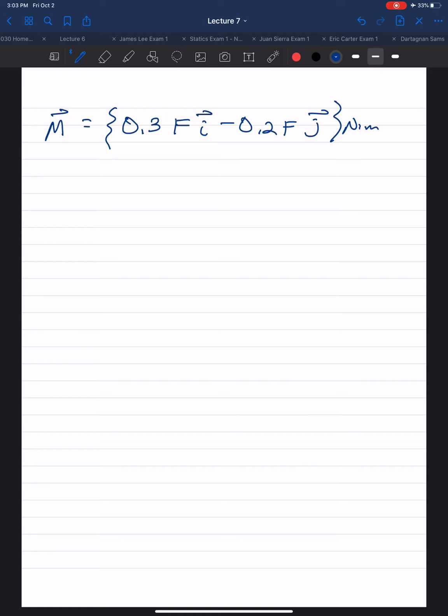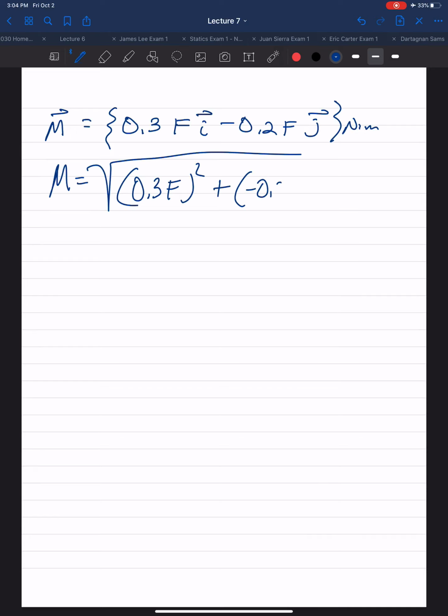Therefore, they gave us the magnitude. Well, let's work it out one more time. So the magnitude of this is then the square root of (0.3F) squared plus (negative 0.2F) squared.